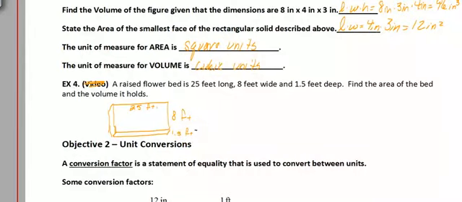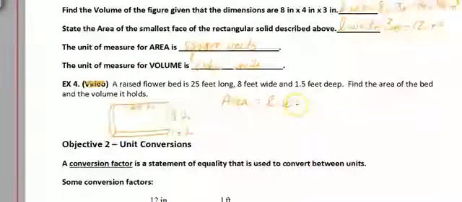So the area. What dimensions am I going to work with for the area? The 25, the 8, the 1.5. I've got those 3. So for the area, I know this is a rectangular solid, so it's length times width, but do I use the 25 and the 8, the 25 and the 1.5, or the 8 and the 1.5?